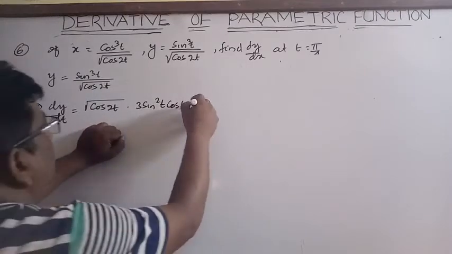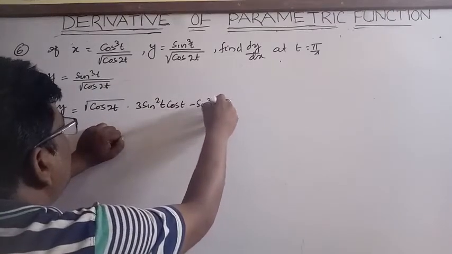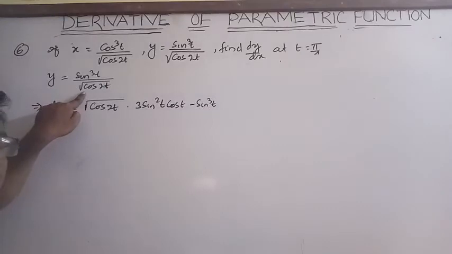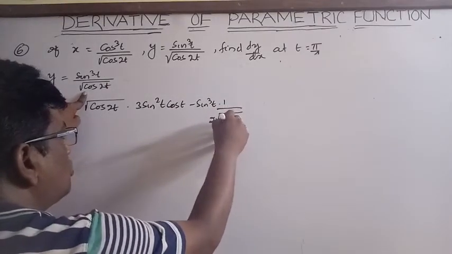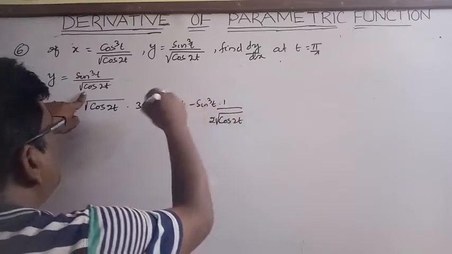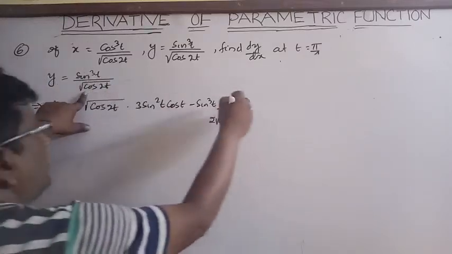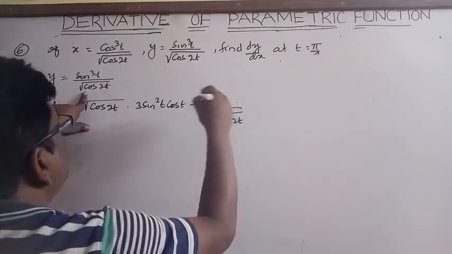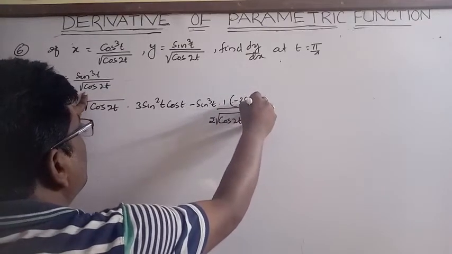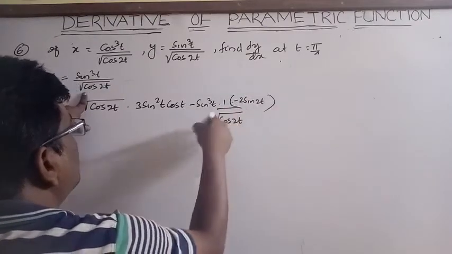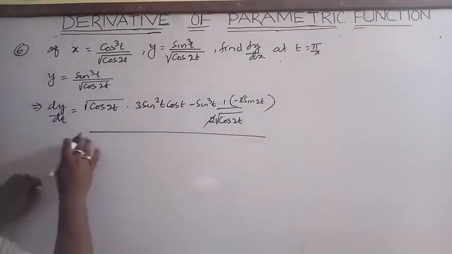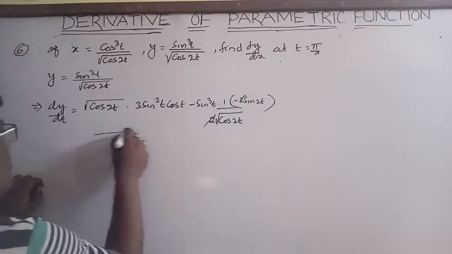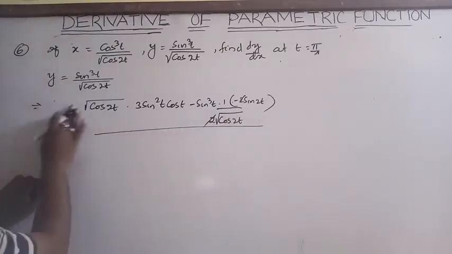Minus u dv: sin³t into the derivative of root over cos 2t, which means 1 by 2 root over cos 2t into the derivative of the inside value, the derivative of cos 2t, minus 2 sin 2t. Clear? So this cancels.